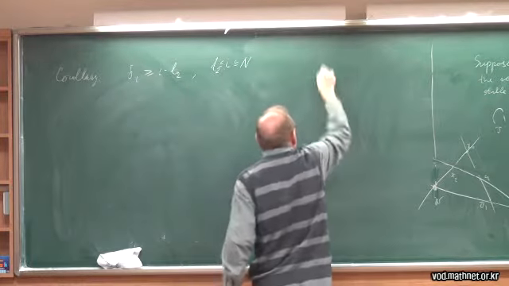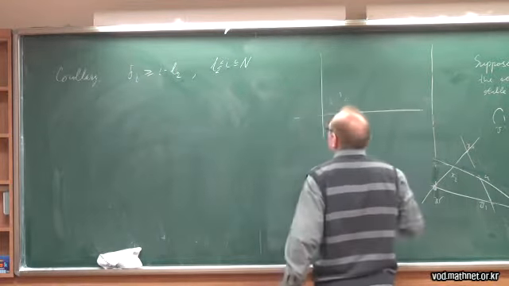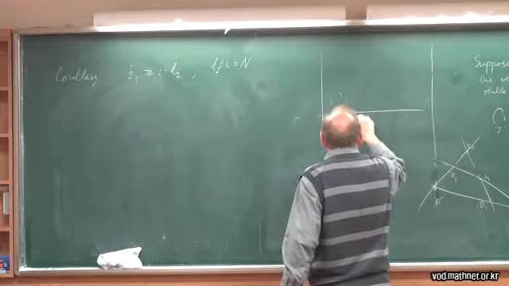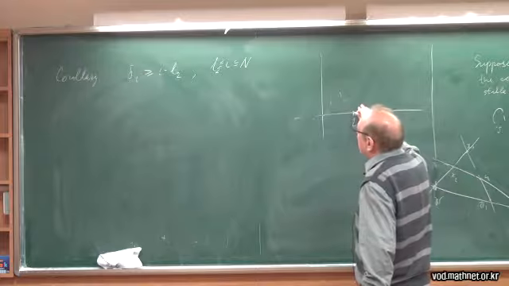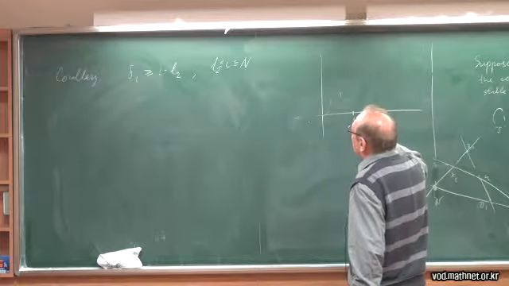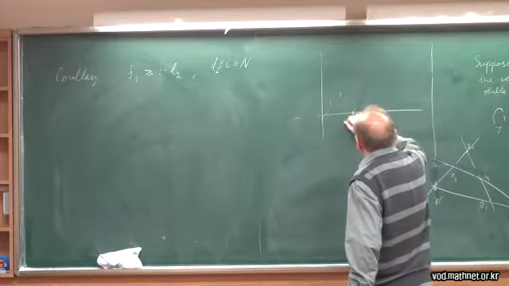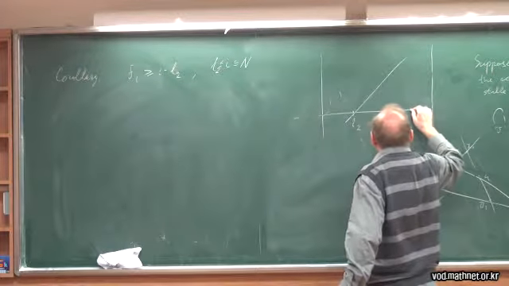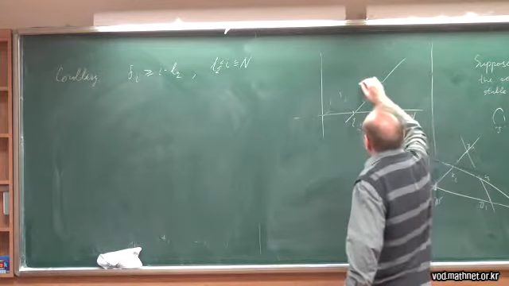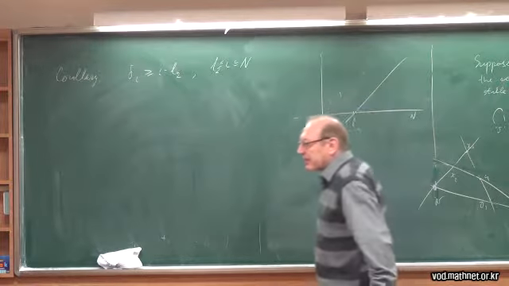So this gives some bound, so we should draw a line here, like this, and we know that our function is somewhere here.